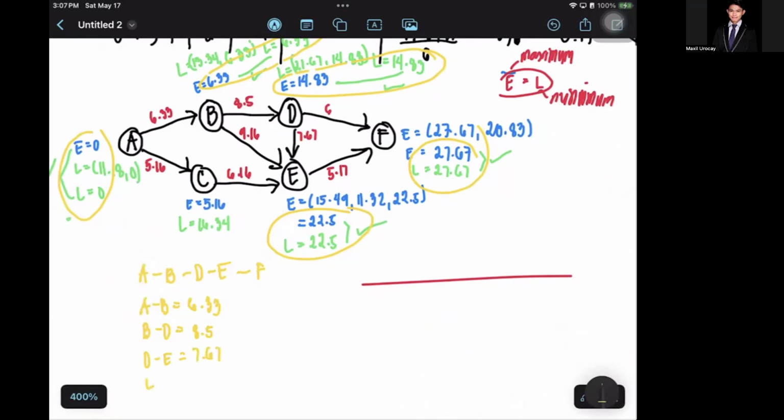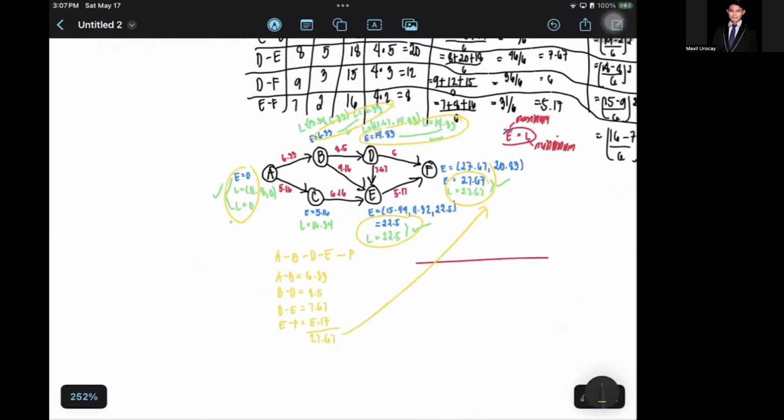Then E to F is 5.17. Now, calculating this one: 6.33 plus 8.5 plus 7.67 plus 5.17 is equal to 27.67. So therefore, this is equal to your chart right there.